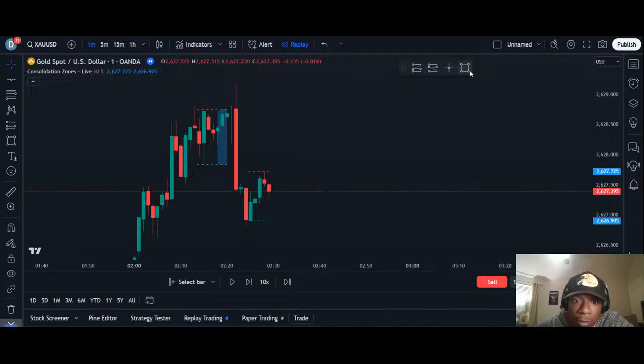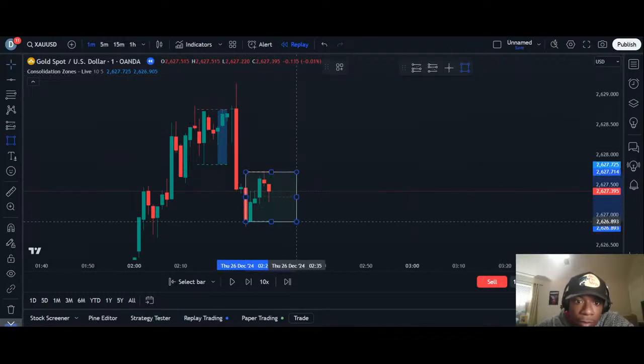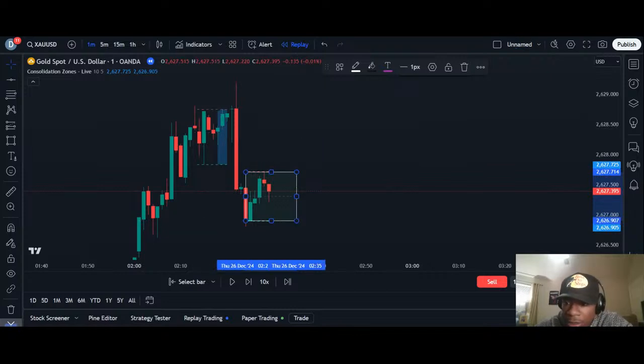All right. The zone would form. If you know the answer to this, let me know if you can trade gold on Topstep. I've never traded gold on Topstep. I used to trade gold when I was with TFT, The Funded Trader. Let me know if you can trade gold with a Topstep account.